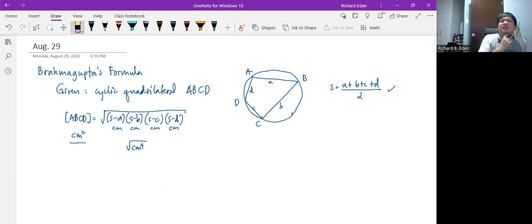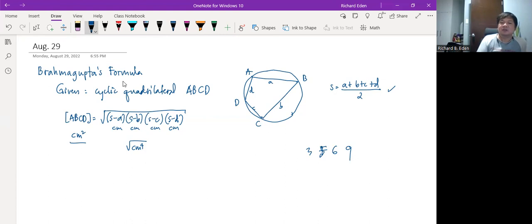Well, if they're given in order, that kind of determines uniquely the quadrilateral. Pero kung sabihin lang, oh, the lengths are 3, 5, 6, and then 9.